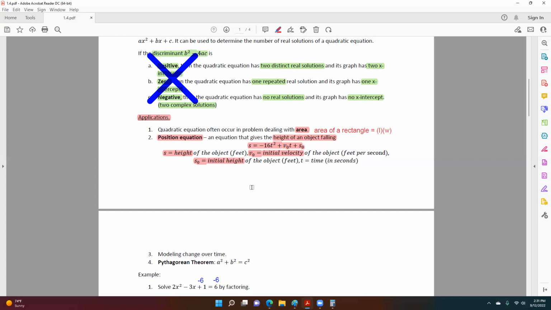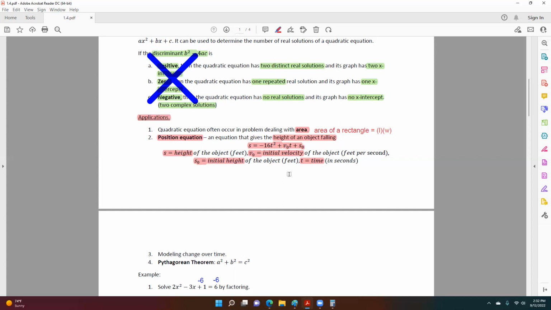You want to figure out how tall, what is the height of the object when it falls after t, after how many times it goes. Usually out of s, t, v0, and s0, there are 4 variables here. The question will provide you 3 out of these 4 variables, and you have to find the 4th one.